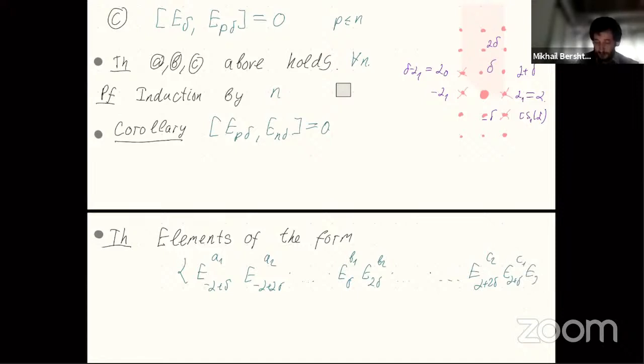Here U_q n plus is the algebra generated by E0 and E1.